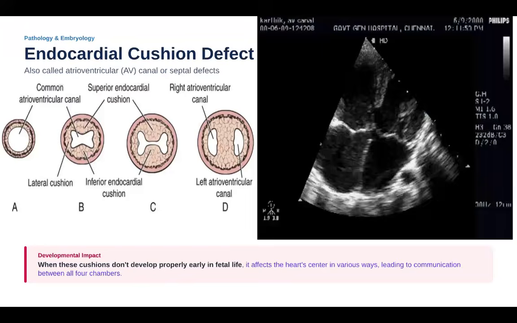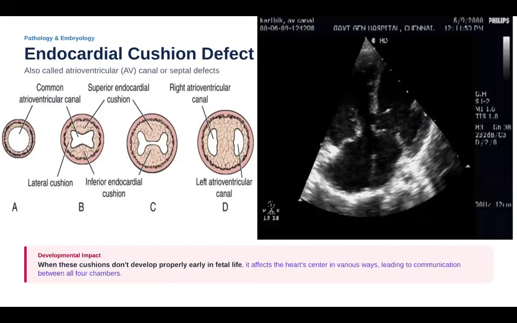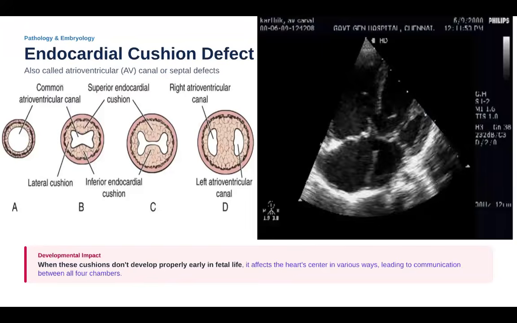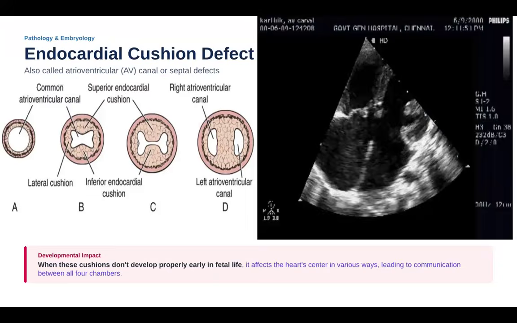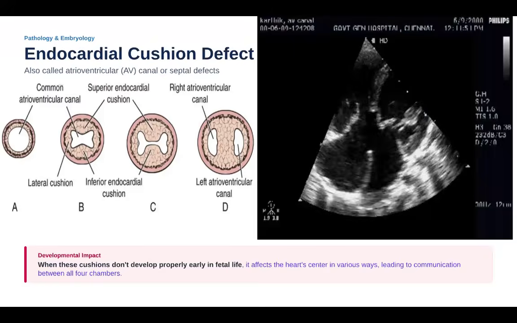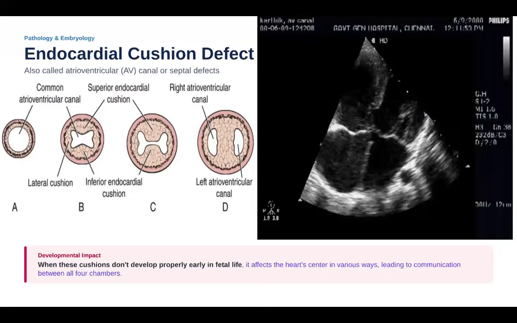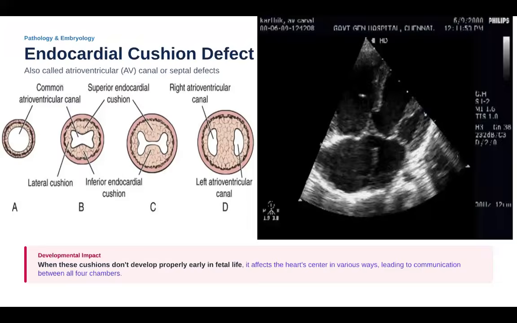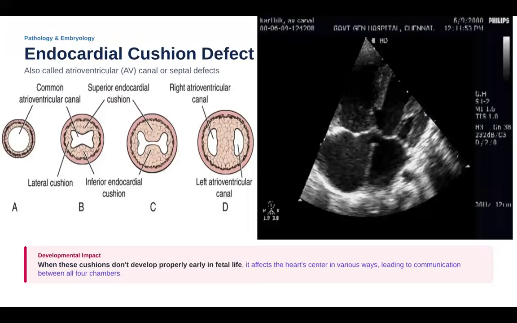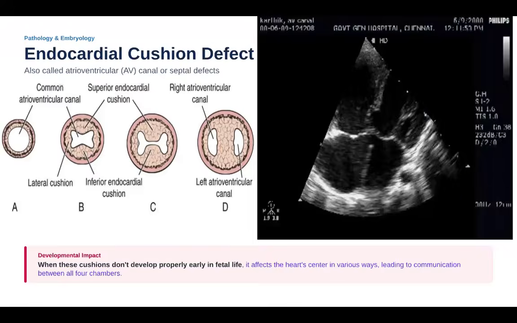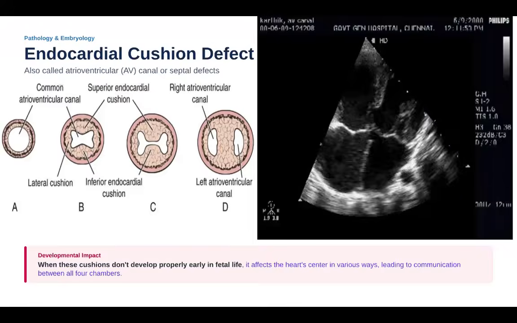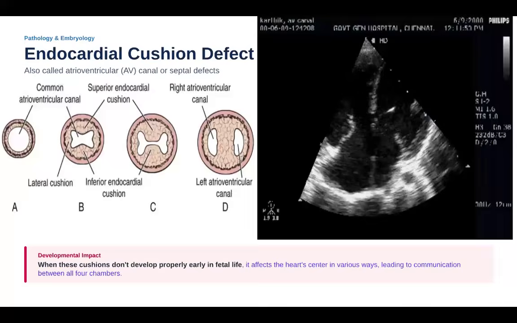Now take a look here. Here we have an example of an AV septal defect. Some doctors still use the term endocardial cushion defect. Now we understand why, because the joining of the crux is the process of the endocardial cushions merging together.